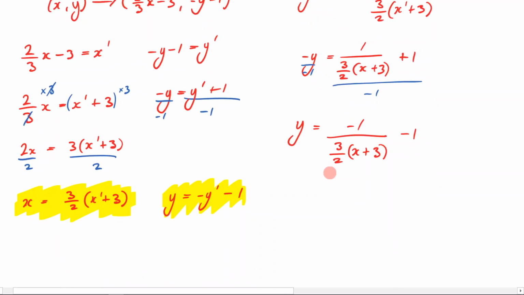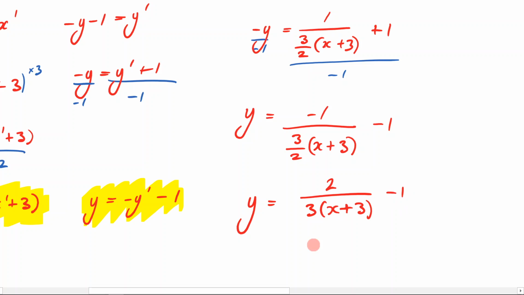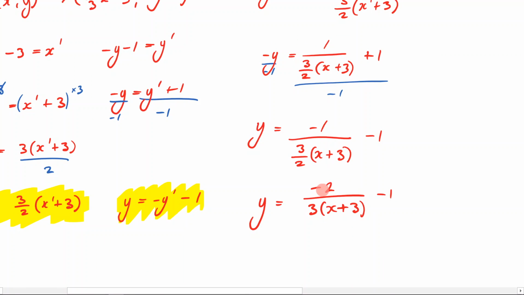And as I said before, this isn't the prettiest way to write it with a fraction here. What we much prefer to write is just put this 2 up the top, this 3 stays there, x plus 3 minus 1. Oops, and that should be a minus, because there's a minus there.